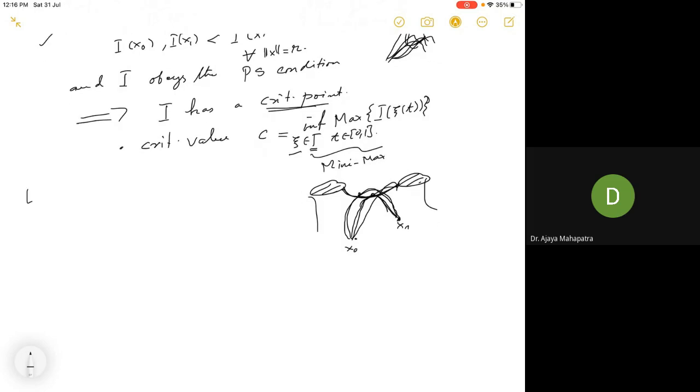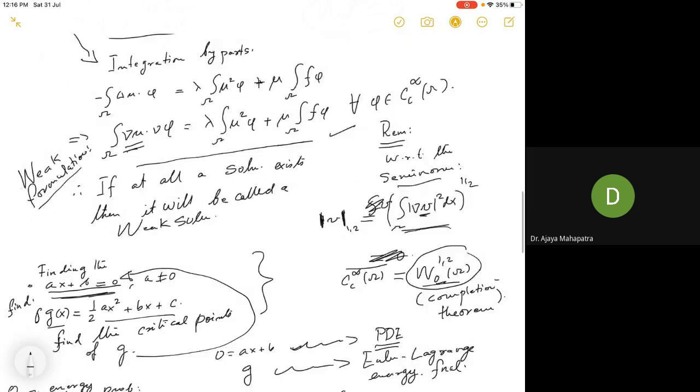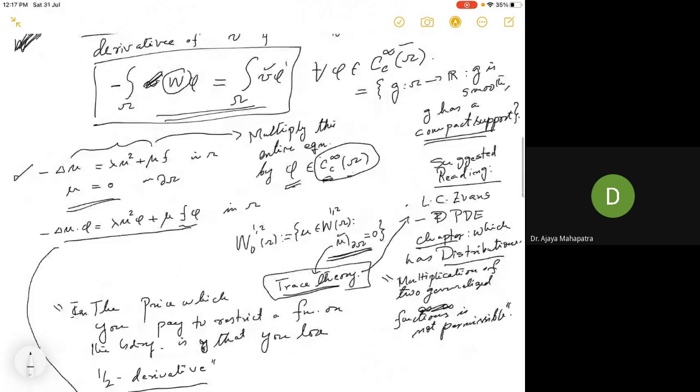So firstly, the claim which I make is that E satisfies the PS condition. If you don't remember what a PS condition is, just think of it as some sort of compactness condition. Now the problem becomes more interesting. The approach which I'm going to use now will fail if the power of this exponent becomes 5.